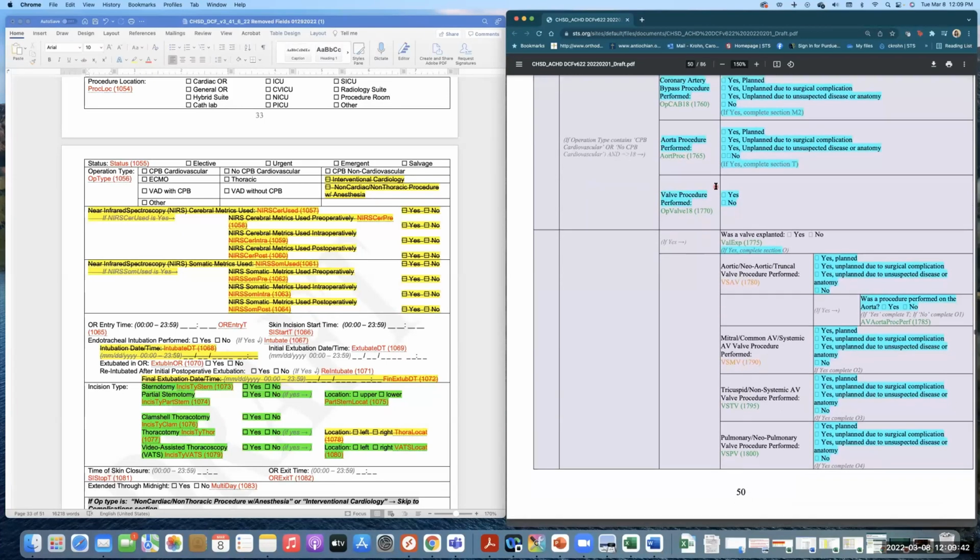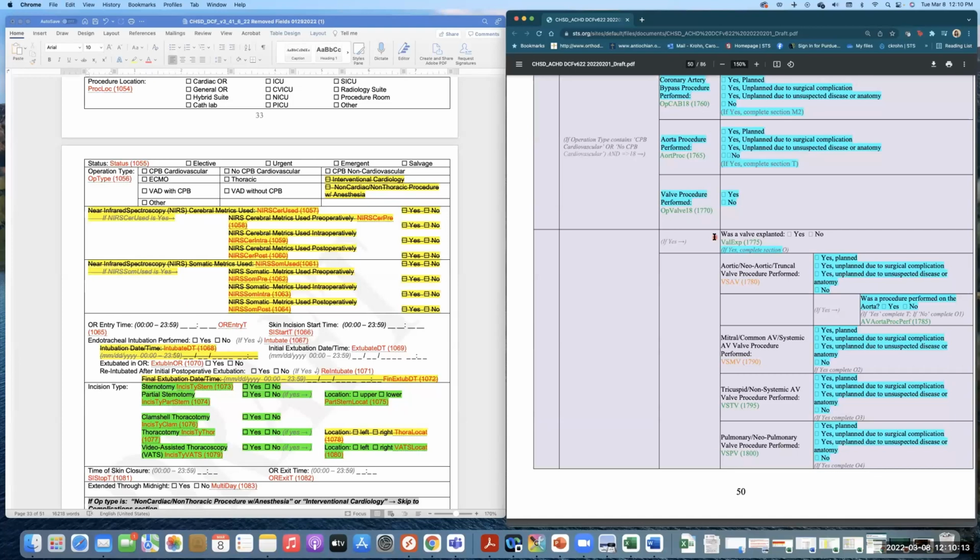And then we have the third category up here, which is valve procedure. So yes or no. And the reason this one looks slightly different, with two choices, is because you'll see further down, we have it broken down into the different types of valves with the same 4 choices. So if you say yes to valve procedure, the next step is they want to know, was a valve explanted?